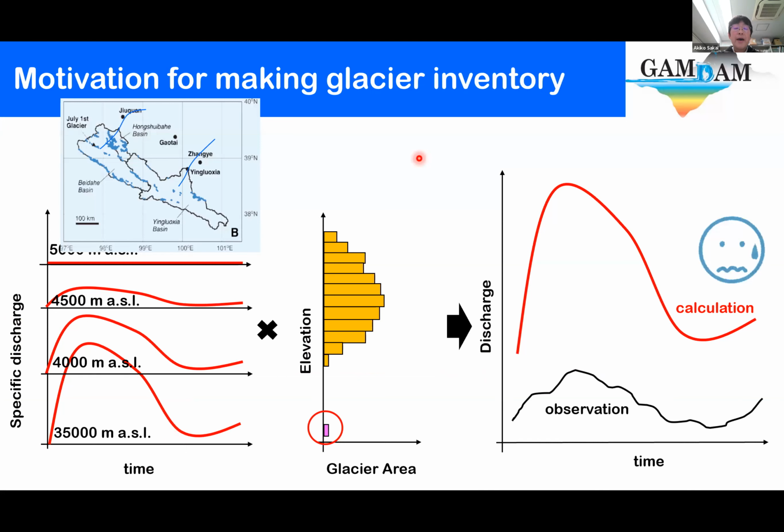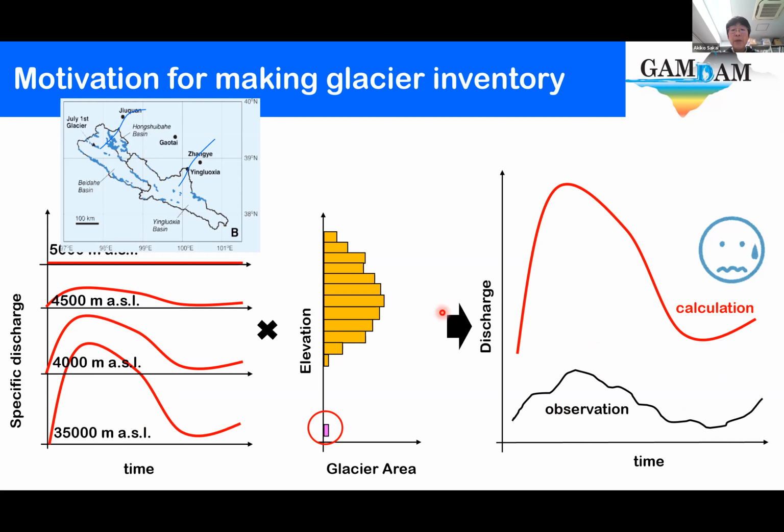Next, I had a chance to calculate discharge from glaciers in one basin in northwest China, which includes many glaciers, the blue dots. If we know the fluctuation of specific discharge at each altitude, we can get total discharge from glaciers by multiplying by the glacier area distribution.